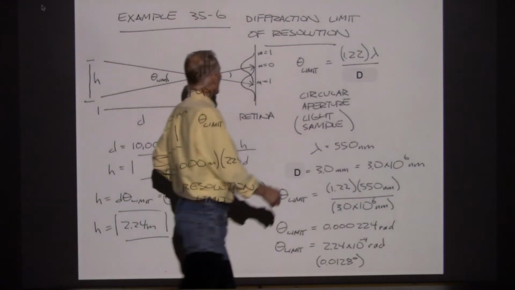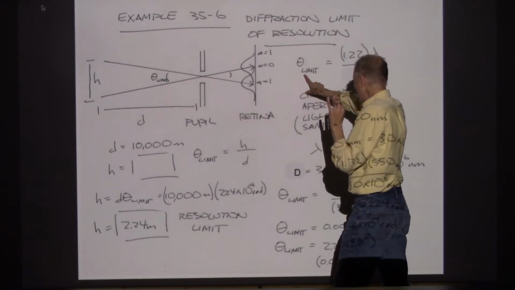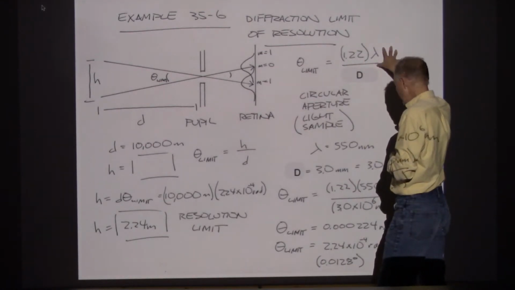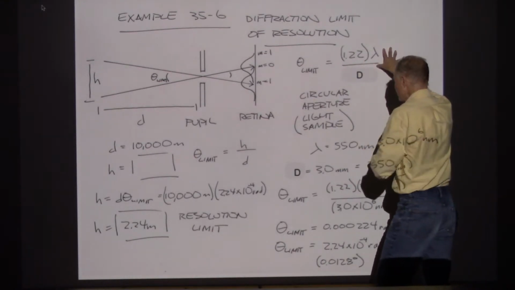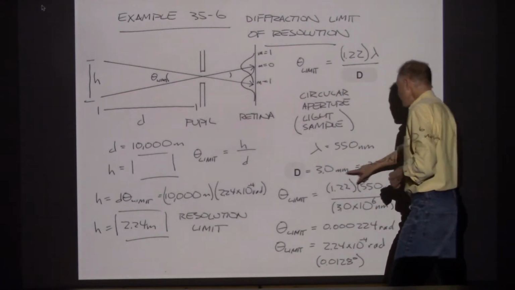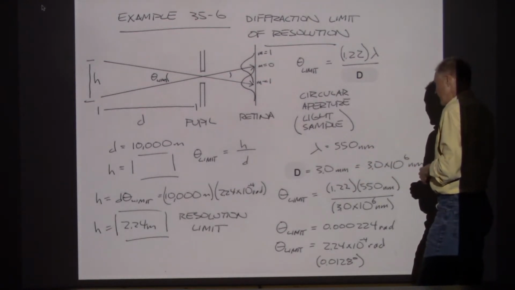So the way that's going to work is, first of all, let's see what the limit of resolution is for human vision based on 1.22 times the wavelength. The wavelength we're using is 550. What's the circular diameter of the eye? That is 3 millimeters, so 3 times 10 to the 6th nanometers.